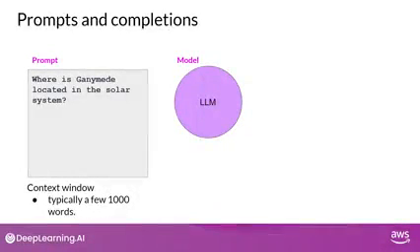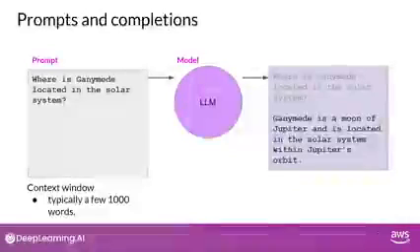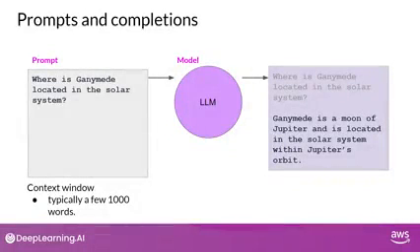In this example, you ask the model to determine where Ganymede is located in the solar system. The prompt is passed to the model. The model then predicts the next words, and because your prompt contained a question, this model generates an answer. The output of the model is called a completion, and the act of using the model to generate text is known as inference.